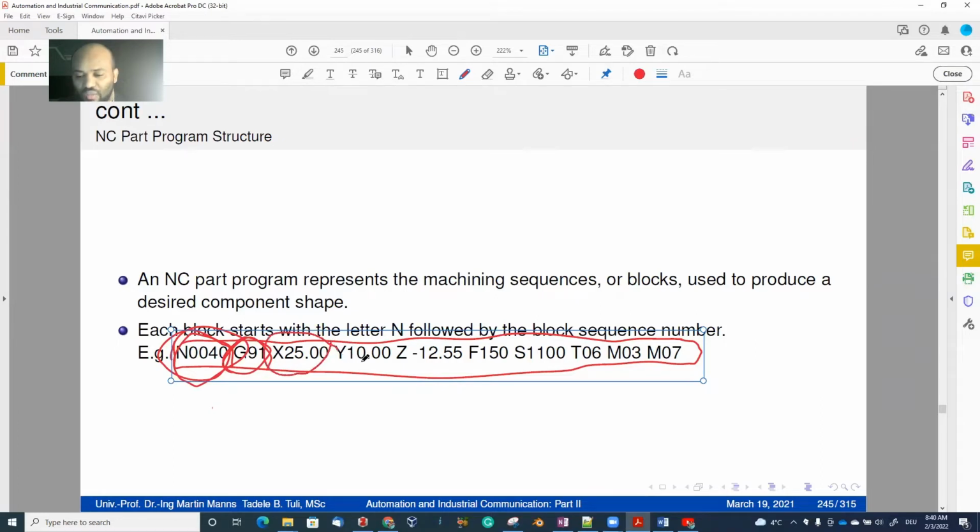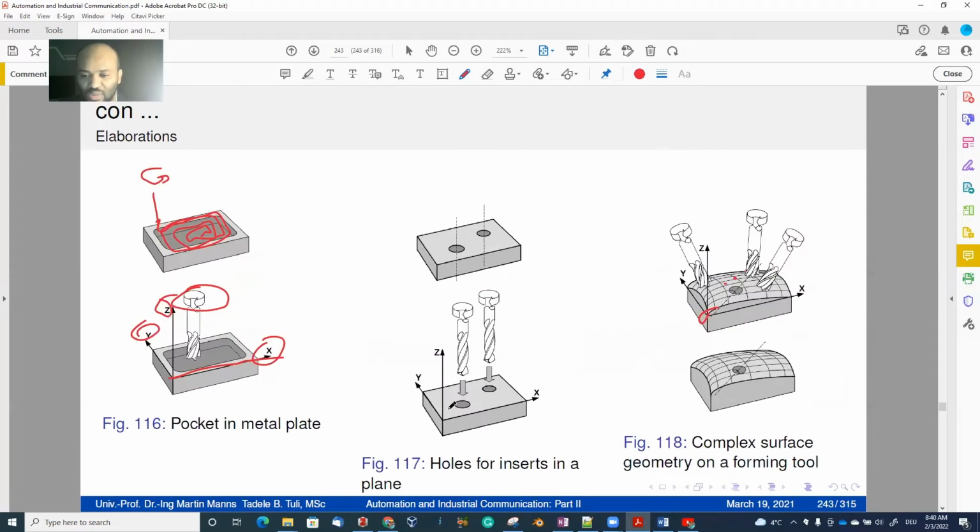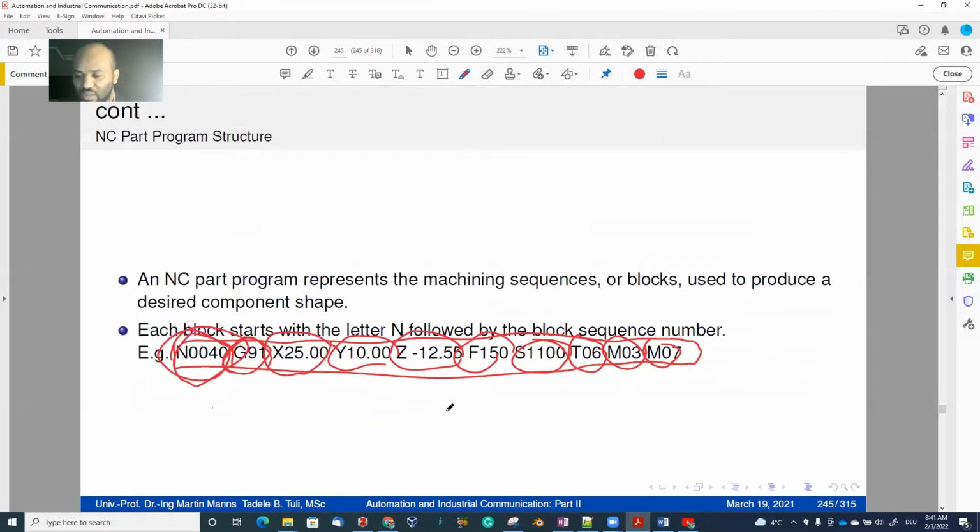X is 25, Y is 10, Z is minus 12.55, feed rate is 150, spindle speed is 1100. Then tool number 6, start motor, maybe coolant on, M07, I forgot actually, but we will see it later.